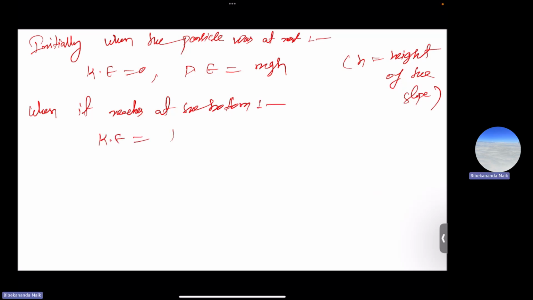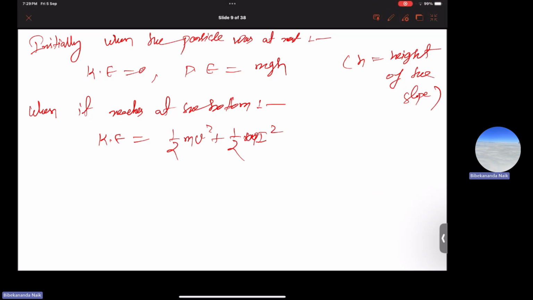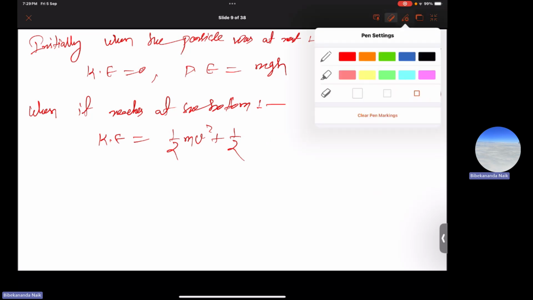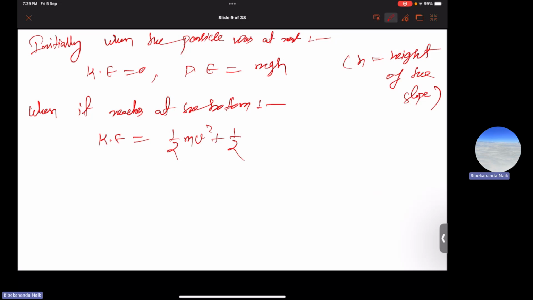At the bottom, kinetic energy becomes half mv square plus half I omega square, and potential energy becomes 0.